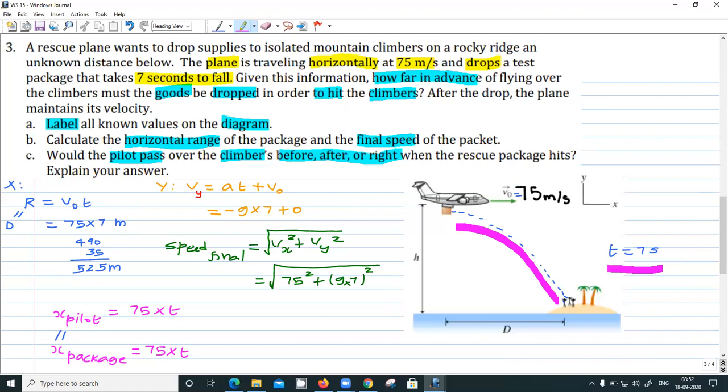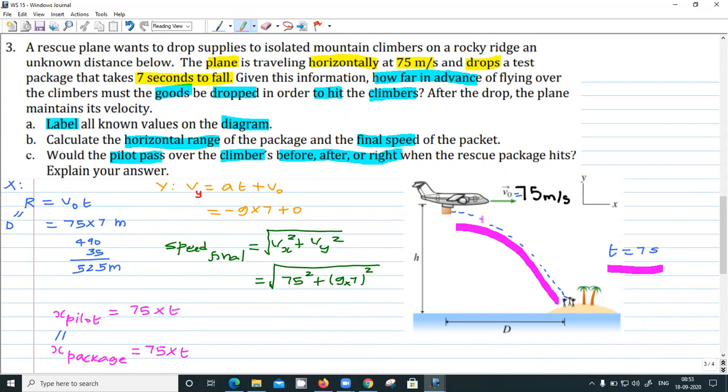Okay. So I'm on my iPad. V sub 0 for x is going to be 75 meters per second. Acceleration is going to be 0. Time equals 7. V is also 75 meters per second horizontally.